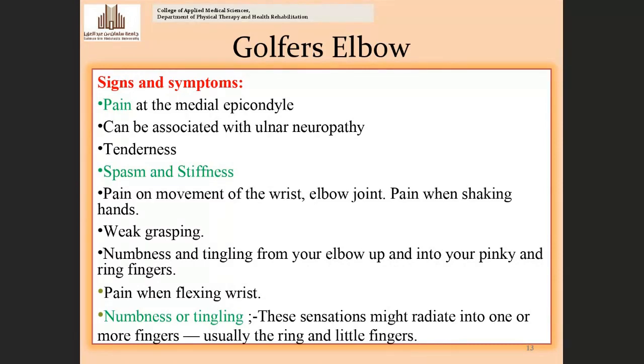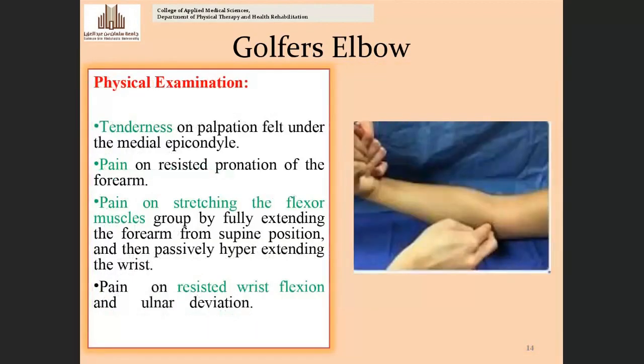The person cannot grasp objects, so the hand grip strength will be reduced, and there is numbness and tingling from the elbow to the fingers. There is pain on flexing the wrist, along with numbness and tingling. These sensations might radiate into one or more fingers, usually with numbness in the middle and ring fingers.